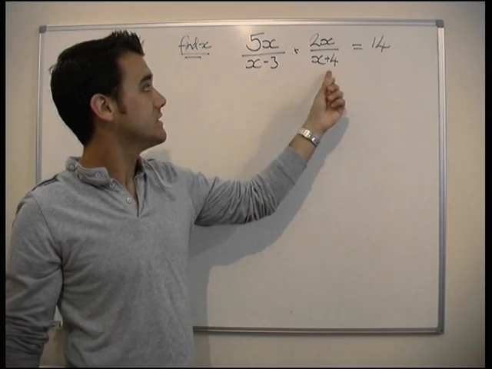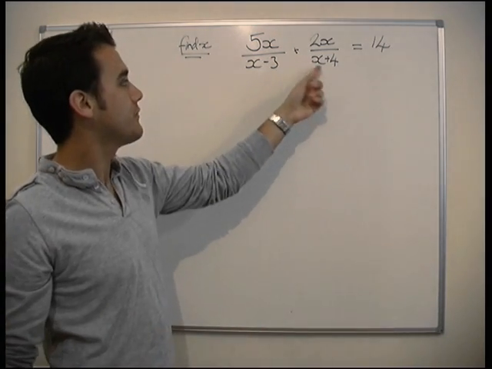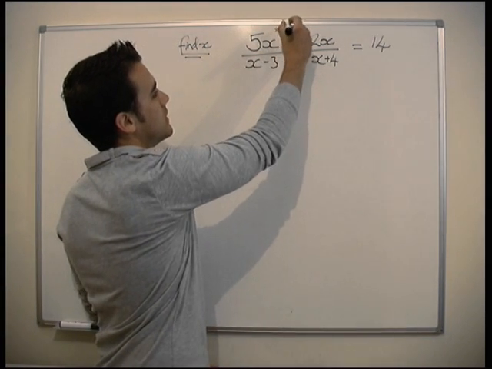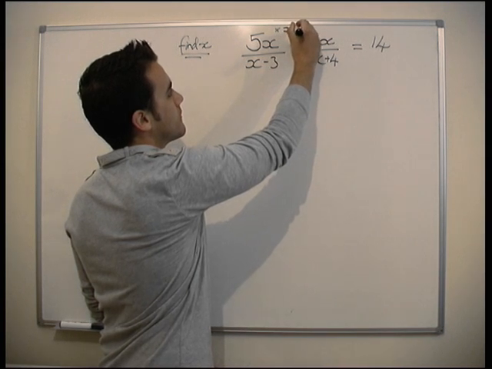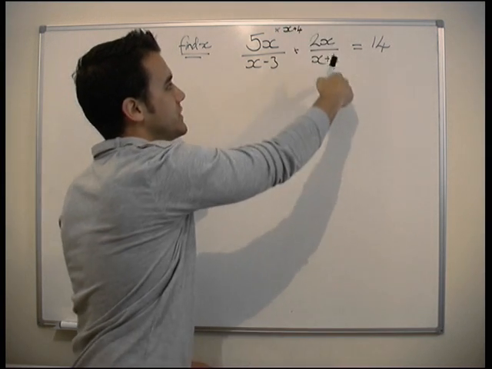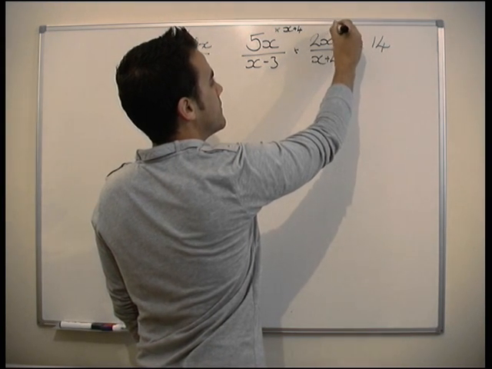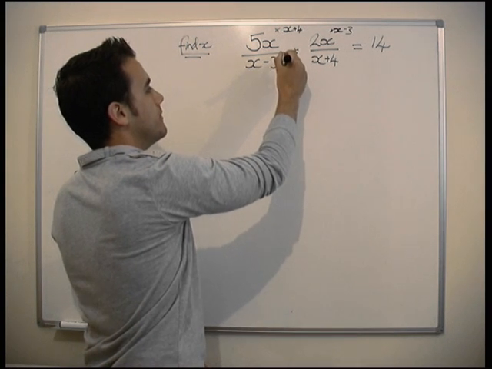Basically, we need to times this by this in order to get the same on the bottom. So we need to times this fraction, the whole thing, by x plus 4, and we need to times this whole fraction by x minus 3. Hope you can see that. We're going to do that to the bottom as well.